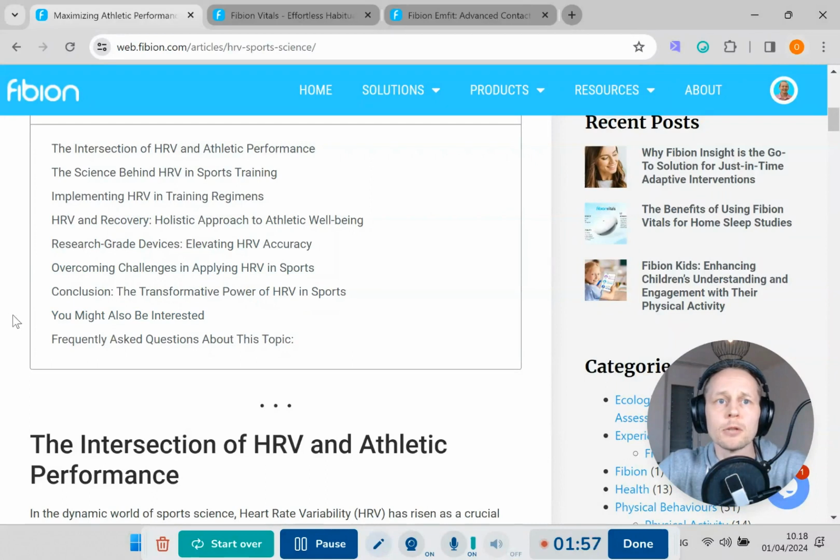We will be looking a little bit at the challenges applying HRV in sports. The signal is affected by many physiological and psychological things, so we need to know those when using it in sport applications, and then we will go to the take home messages in the end.